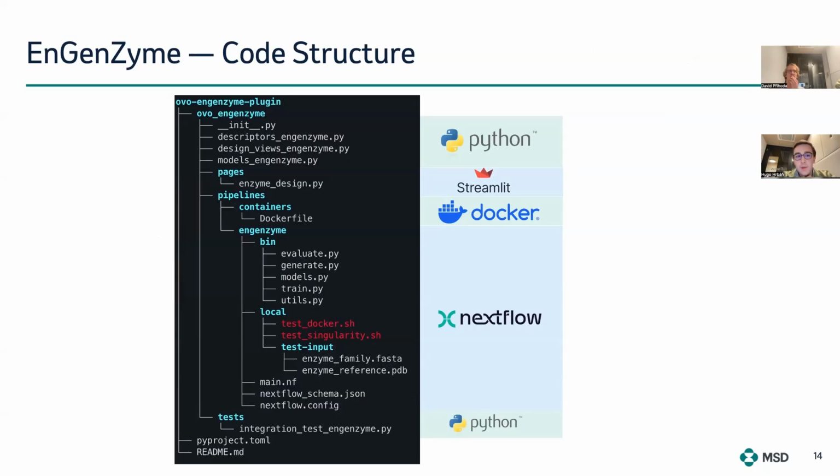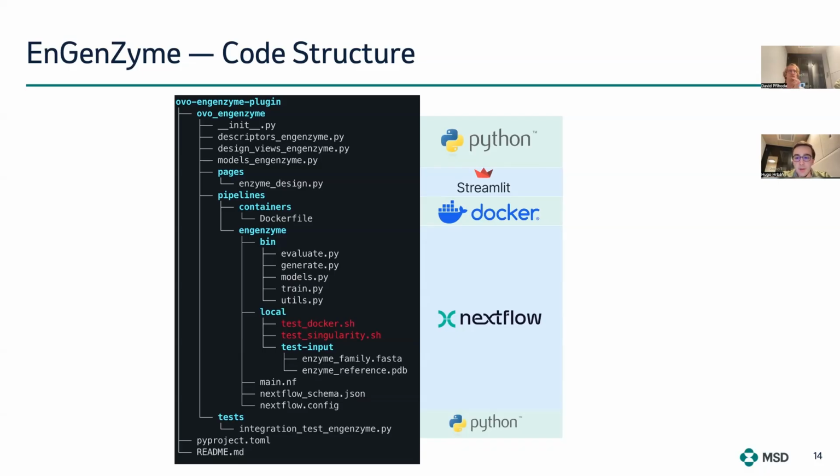Then we have descriptors and the design view page, as well as the models, in which case it's the workflow, how to pre-process and post-process the data, and other things like that. Then also part of it is the Streamlit UI, where we define how the workflow gets submitted, and the biggest part of it is the actual pipeline, which is triggered through Nextflow.